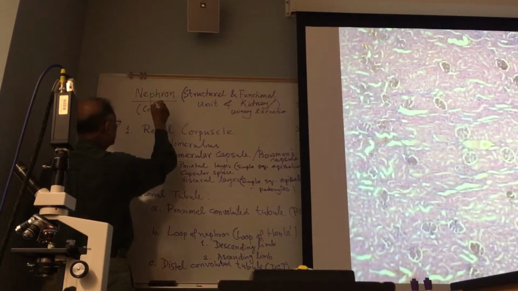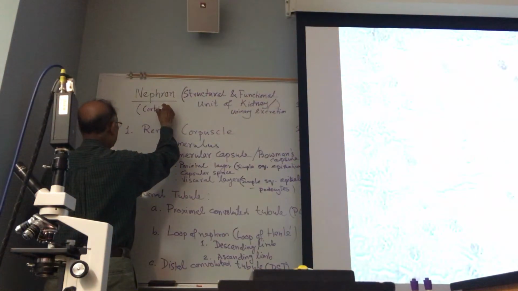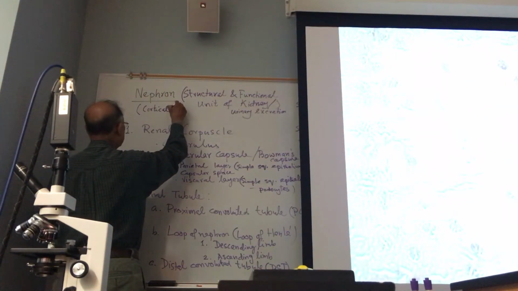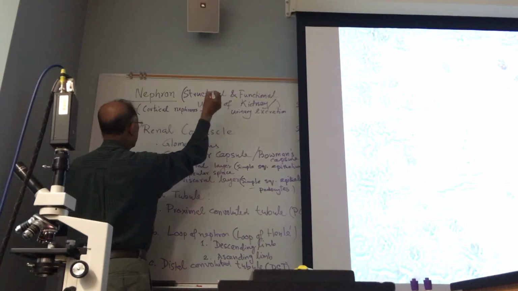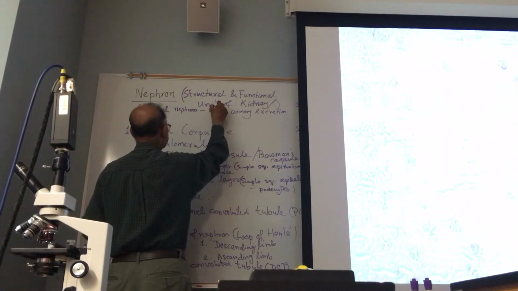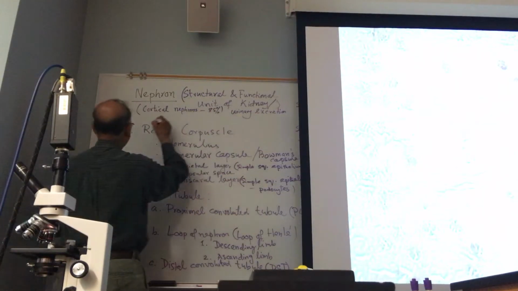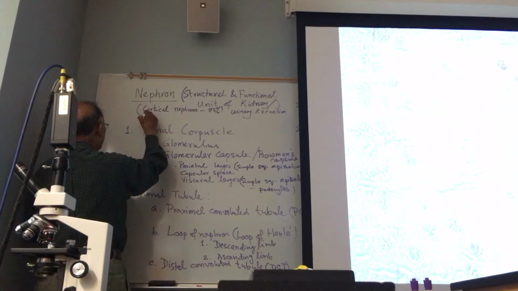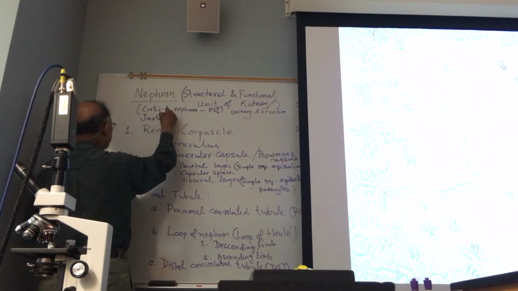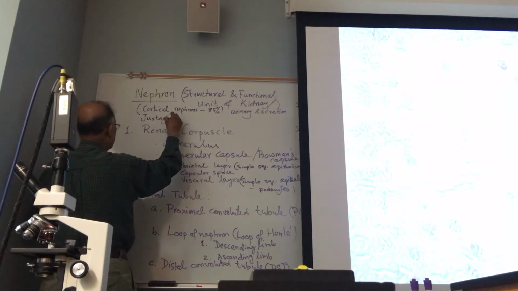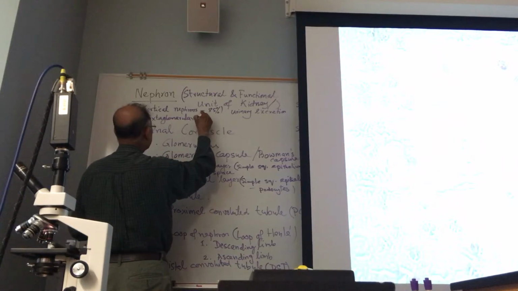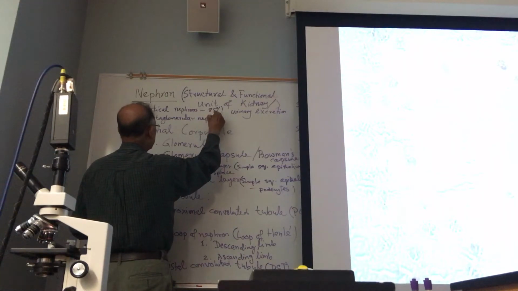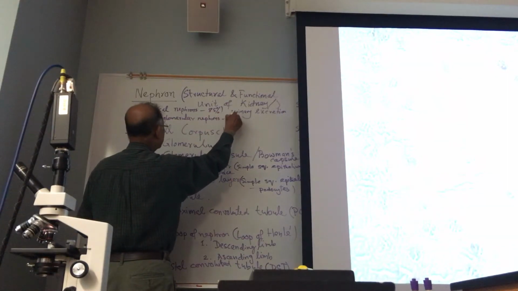These are small cortical nephrons, about 85%, and juxtaglomerular nephrons, about 15%.